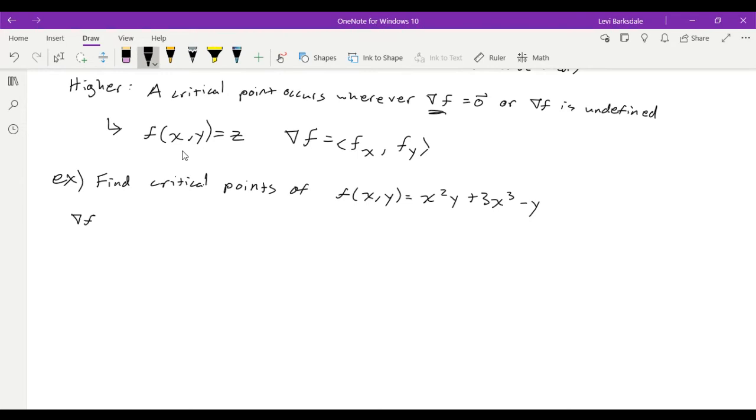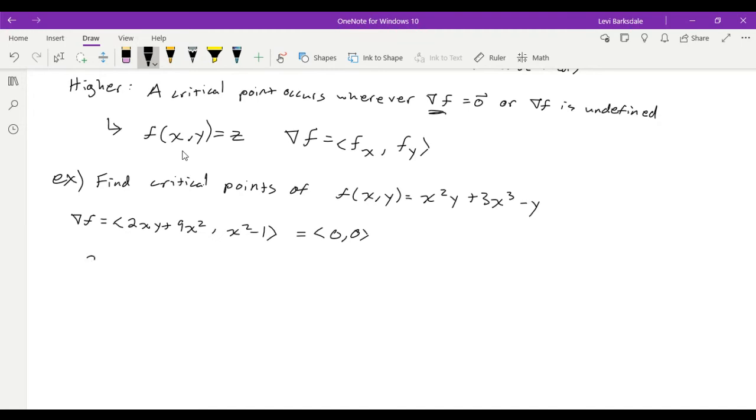Well, then clearly our gradient would be the derivative with respect to x, so 2xy plus 9x squared, and then the derivative with respect to y is x squared minus 1. In order to find our critical points, we set this equal to 0, since clearly it's going to be defined everywhere, since 2xy plus 9x squared is continuous and so is x squared minus 1.